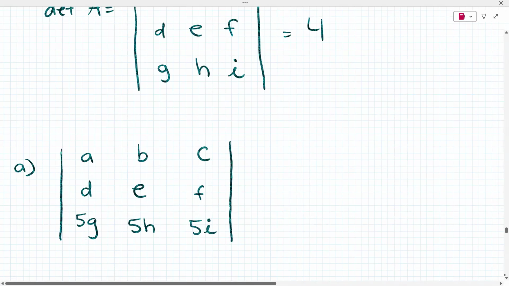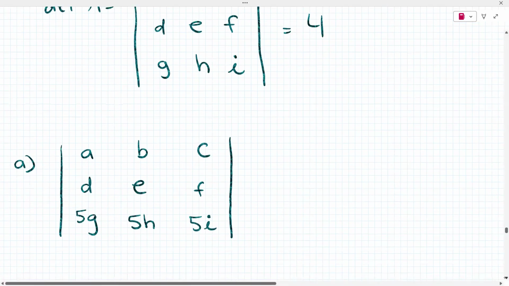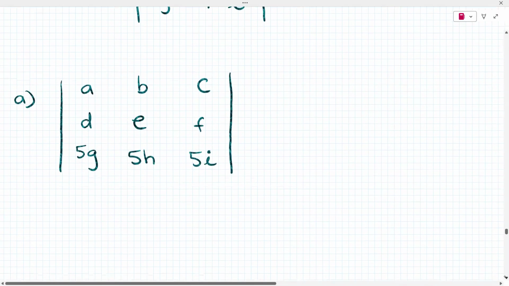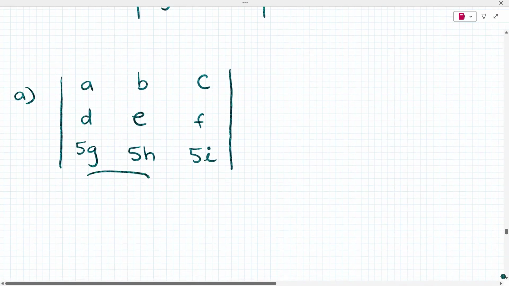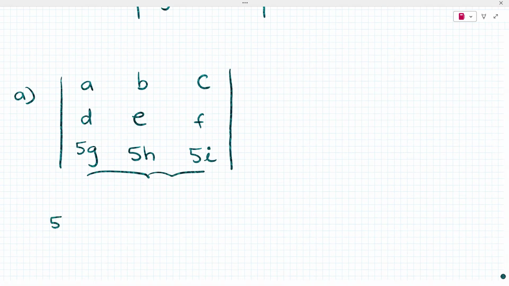If you compare A with the original, I think you're just multiplying row 3 by scalar 5, right? Yeah, by the scalar 5. So 5 row 3 gives me row 3.